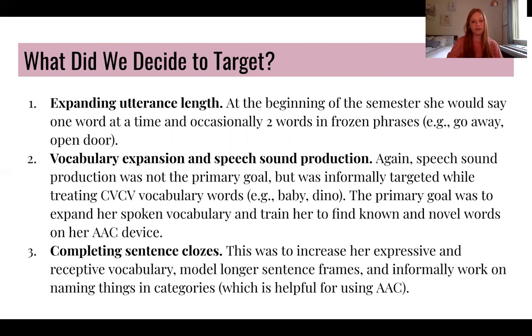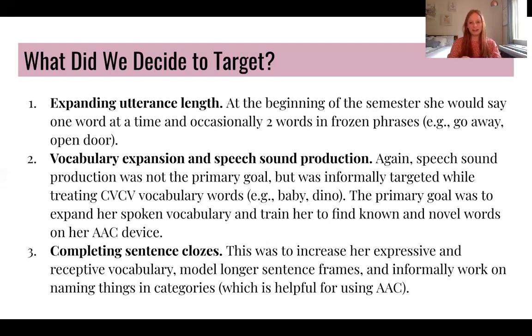Which again was helpful for using the AAC. So, for example, we would give her a sentence such as, maybe we were working with Mr. Potato Head and we wanted to work on the category of body parts. And so we would give her just the potato, and then we would have a couple of different items. I'll get into this later, actually, on another slide of how we targeted it. But now that I started, I'll just keep going.